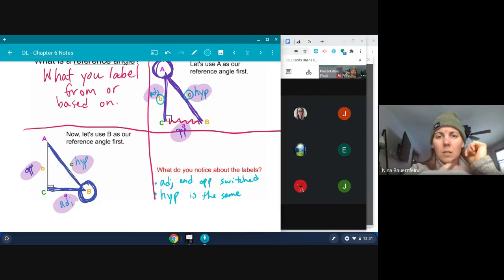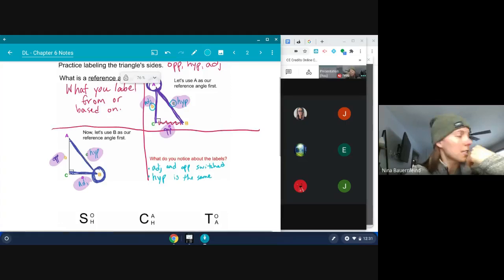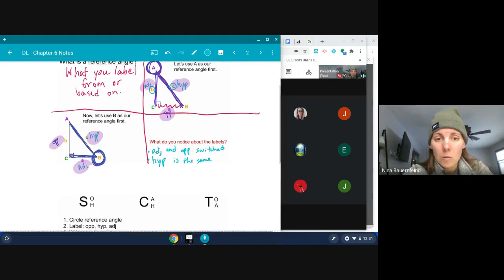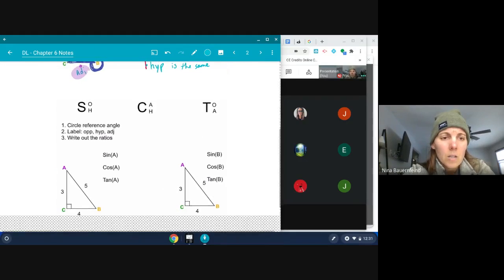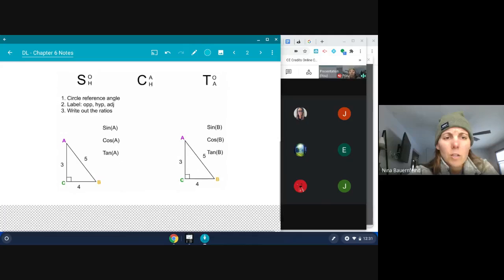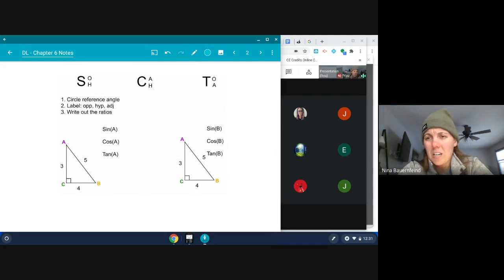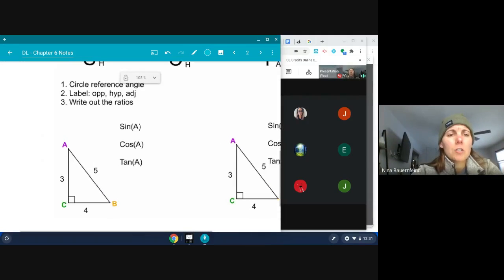All right. So that's how we label those triangles. It's just the opposite, adjacent, and hypotenuse. So we're going to start this and go through the whole process. This is what it's going to be like on your quiz. Okay. So first thing, we're going to do this example here.